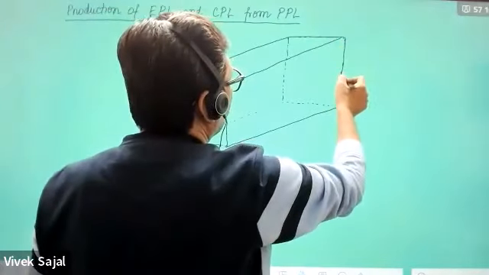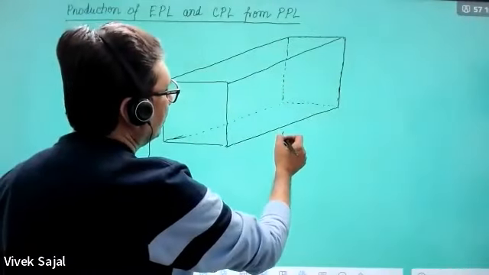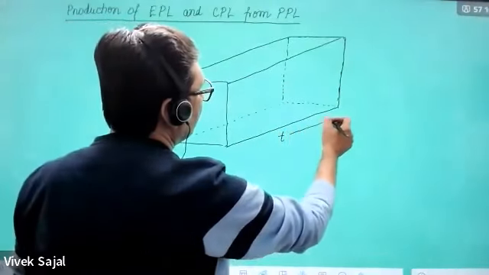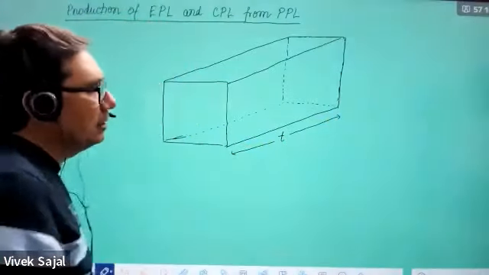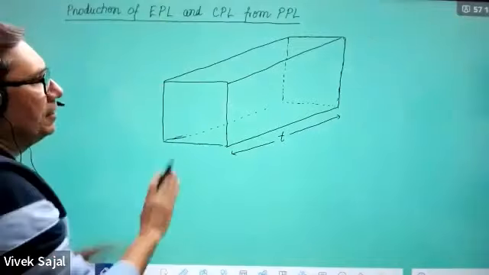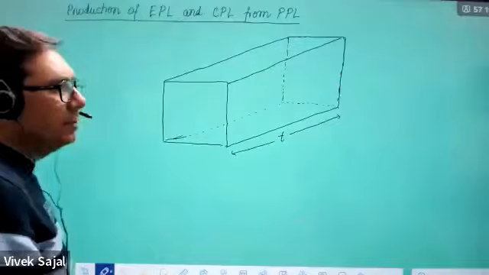So you have this type of calcite crystal. T is the length or thickness of this crystal. Suppose T is the thickness like this, and this is the front side. This is the other side, the back side of it.